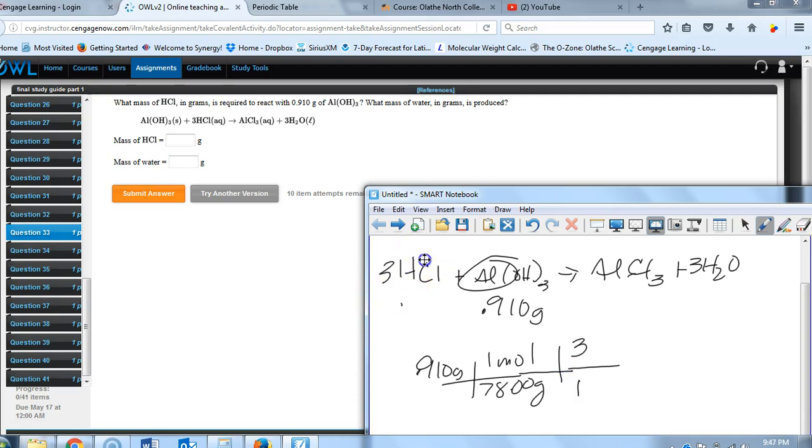So now we're at hydrochloric acid, and we need to know grams. So I need to change that back to grams. Chlorine is 35.45, hydrogen's 1, so times 36.45.